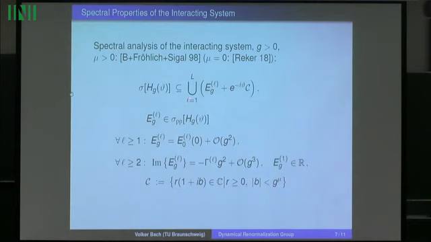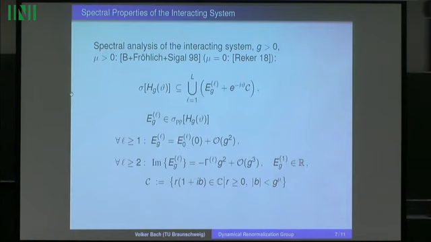So C is a cone whose tip is E_l^g, as I had indicated, and the cone is tilted by roughly the angle theta. And these tips of the cone are actually eigenvalues of the operator, and their position can be computed.